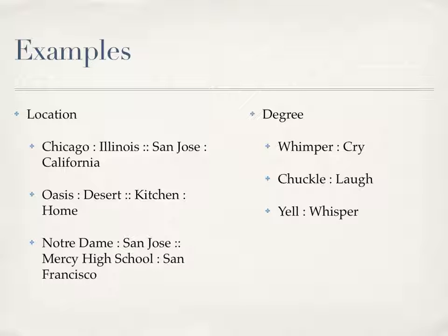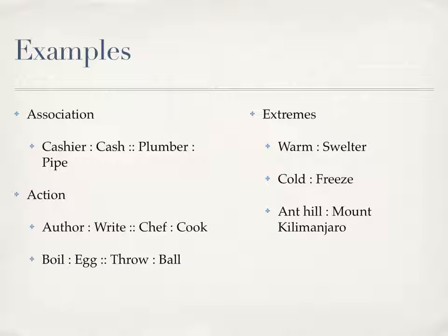Degree. Whimper is to cry. Whimper is the softer version of crying. Chuckle is to laugh. Chuckling is a softer version of laughing. Yell is to whisper. Yell is much louder than a whisper, so it's the degree of. Associations can also be analogies.